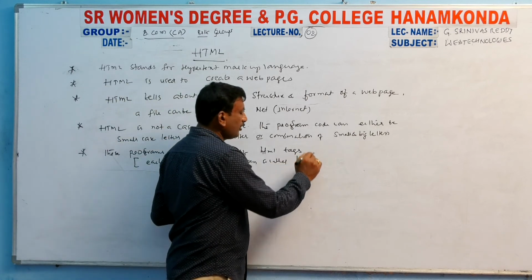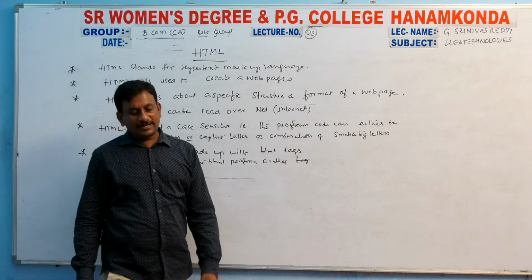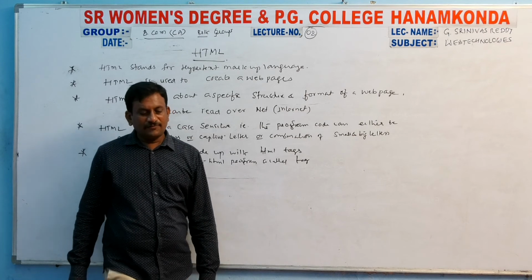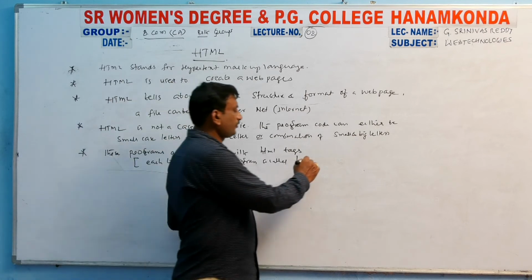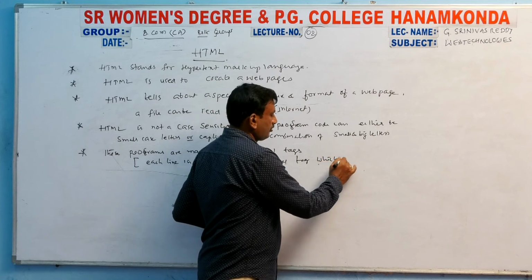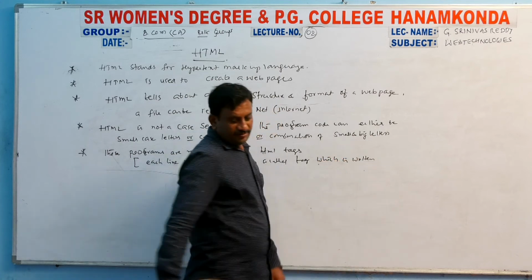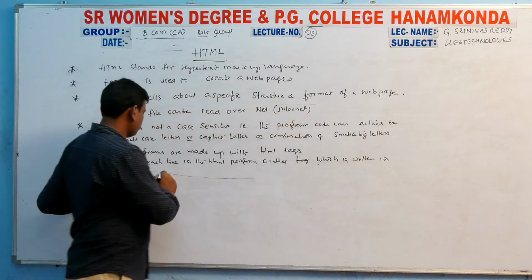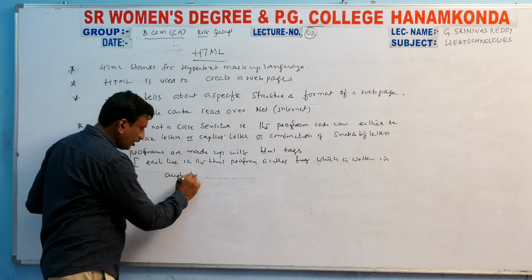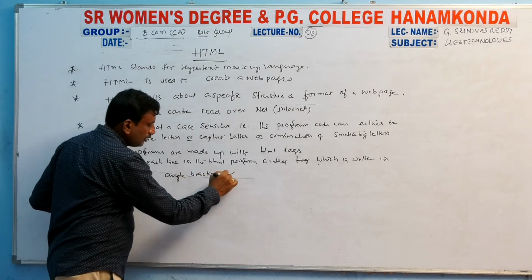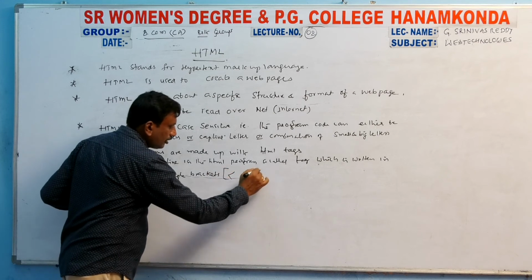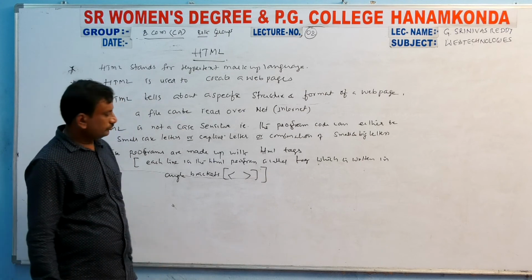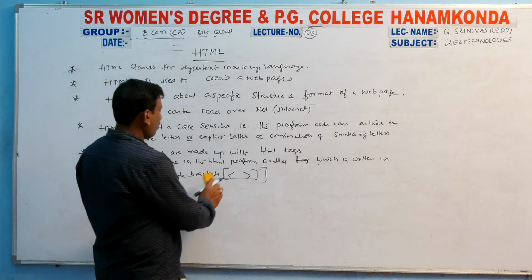What do you mean by tag? A tag is written in angle brackets, the less than symbol and greater than symbol, for example.